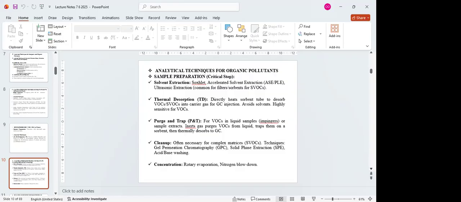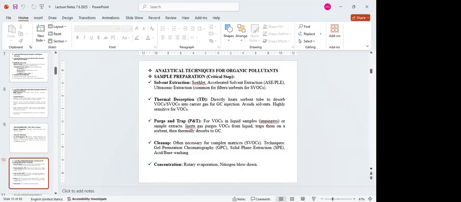But for microwave assisted or the accelerated process, it takes a shorter period of time, but a much larger amount of energy is sent through the system in a very short period. That makes it possible to do the extraction within a short period of time without exposing the material to a long duration of extraction.